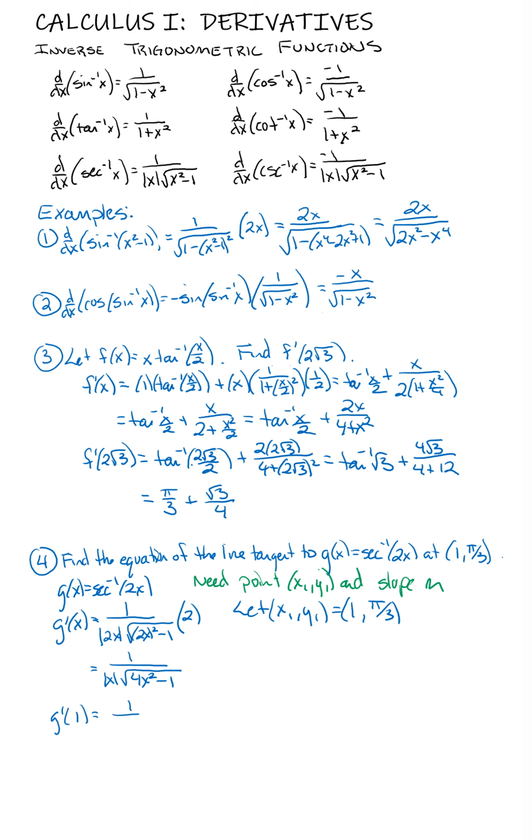So that is 1 over the absolute value of 1 times the square root of 4 times 1 squared minus 1, which gives us 1 over the square root of 3. And I will go ahead and rationalize that, and that gives us square root of 3 over 3. So that's what we're going to use for m.